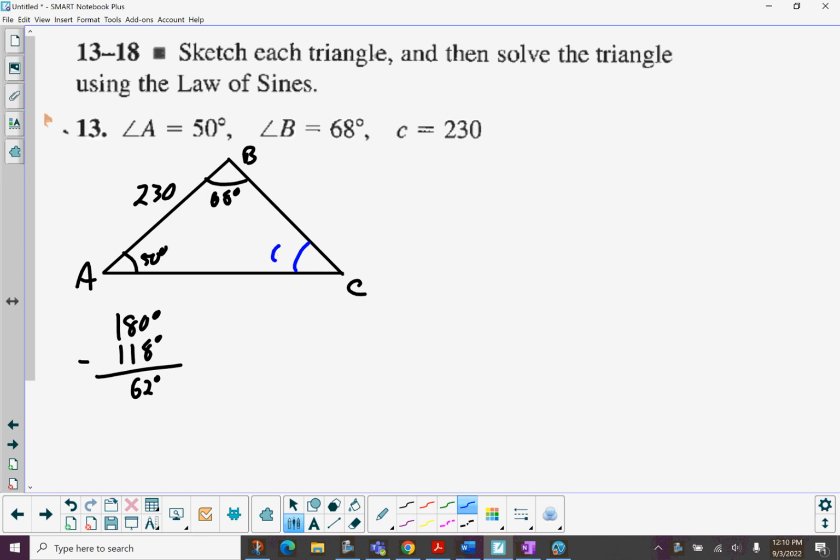So that's the measure of angle C, and that's absolutely necessary as we're setting up and solving the triangle to find the missing side lengths.